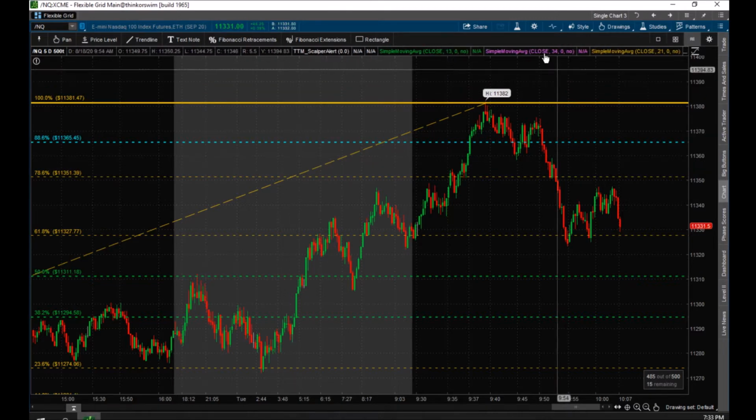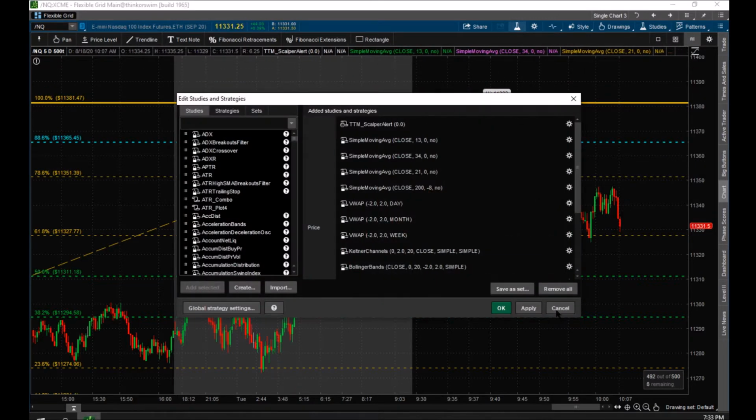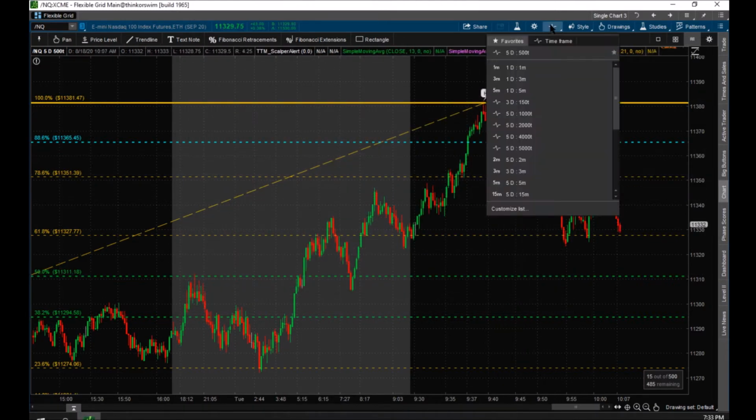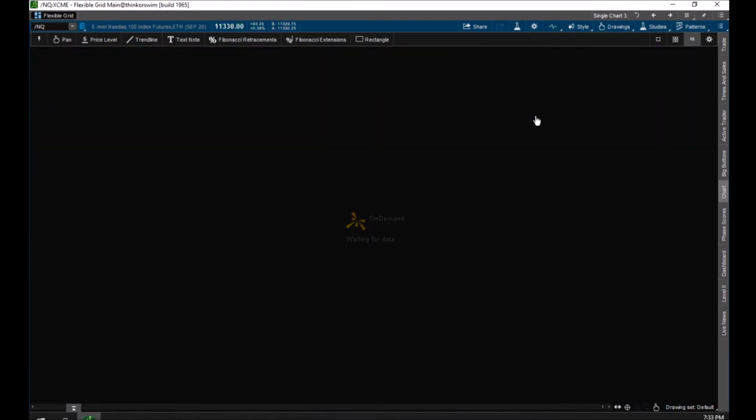The custom indicators are not loading. Let's see, change the tick chart. Any other questions that you guys might have?